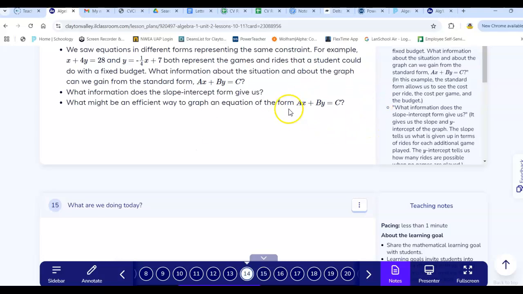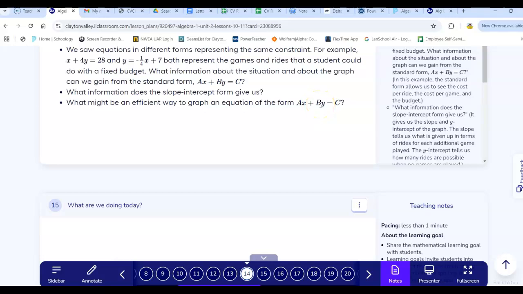And the last thing they want you to realize is that the easiest way to graph an equation in standard form is to take turns asking yourself, how many games can she play if she doesn't go on any rides?